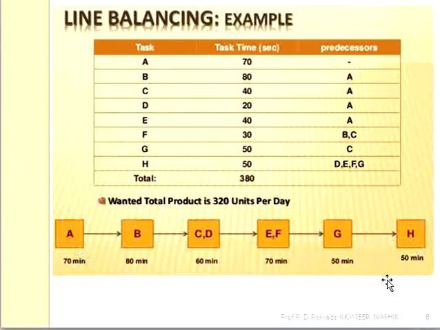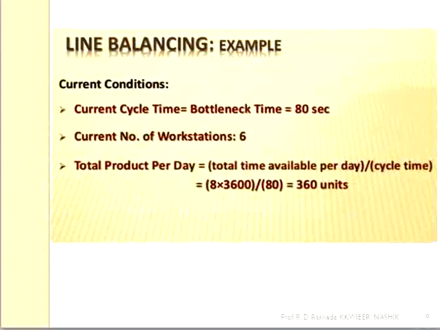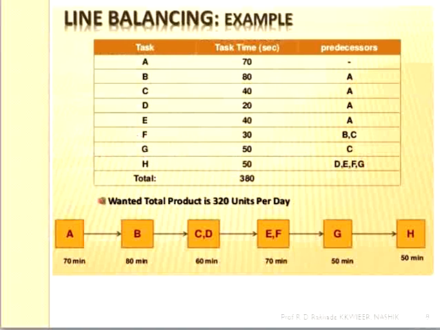So this is case number 1. We prepare here 6 workstations for 320 units per day. According to case 1, the current condition, the current cycle time or bottleneck time is 80, because B has the maximum task time, 80.